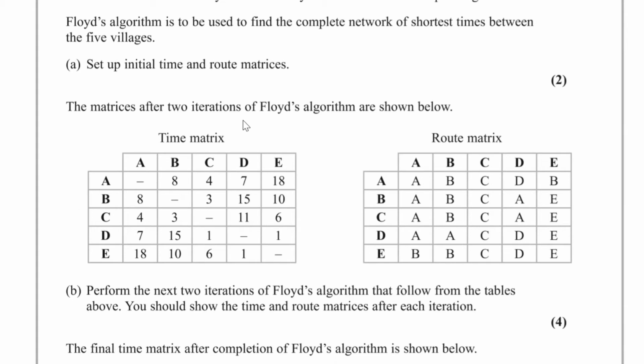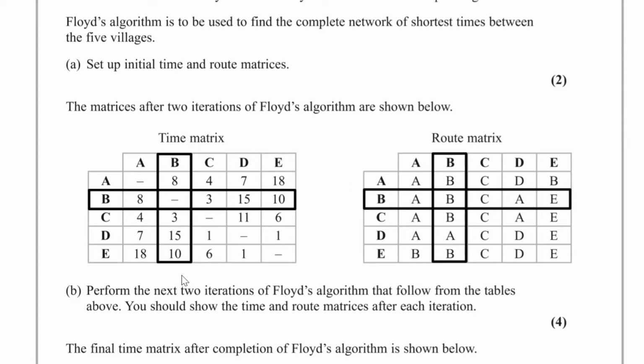The matrices after 2 iterations of Floyd's algorithm are shown below. And for part B, we have to perform the next 2 iterations of Floyd's algorithm that follow from the tables above. You should show the time and root matrices after each iteration. So the key in this question is to realize that after the second iteration, we have these tables, and therefore when we were working out the second iteration, we considered the B column and the B row.